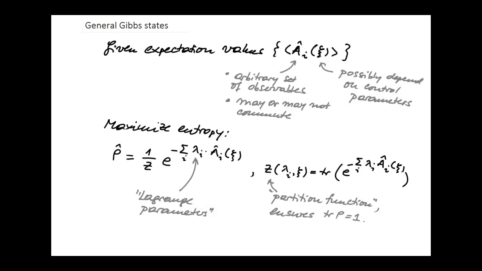And perhaps you've seen in mathematics or in other contexts that you can achieve that by introducing so-called Lagrange parameters or Lagrange multipliers. That's where this comes from. So here we have the most general form of the density matrix for a macroscopic system when you are given an arbitrary set of expectation values as constraints.